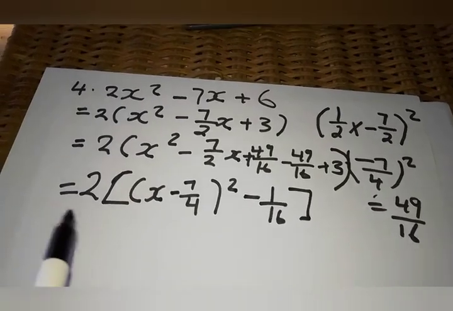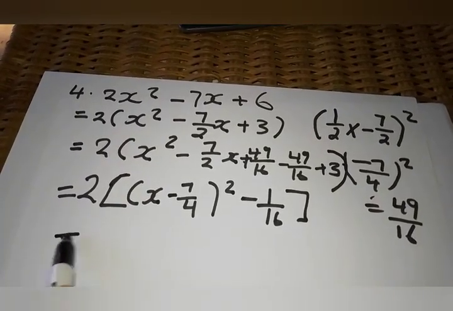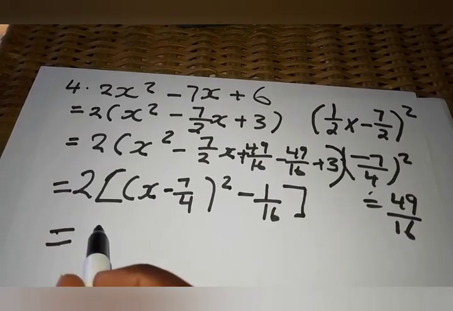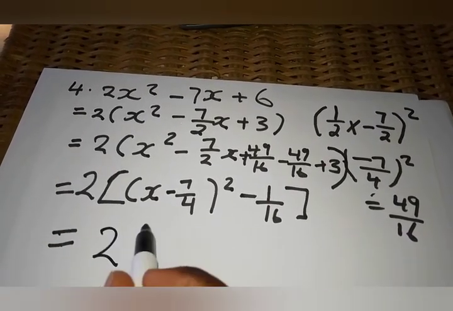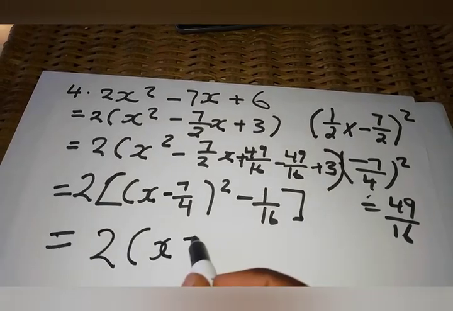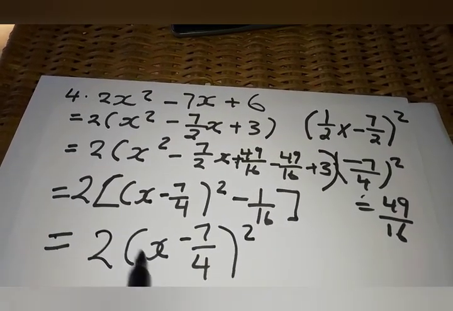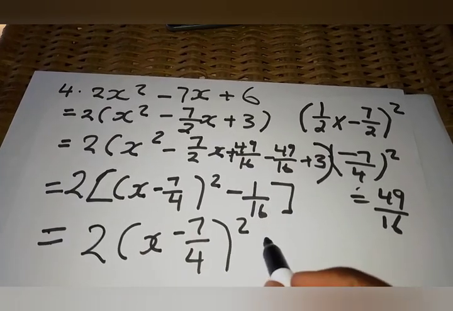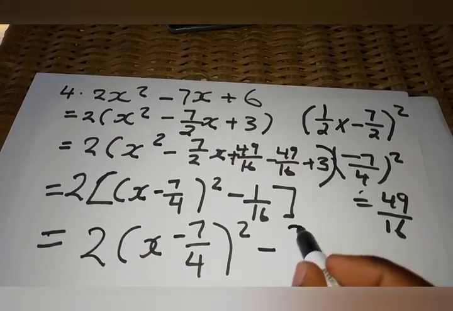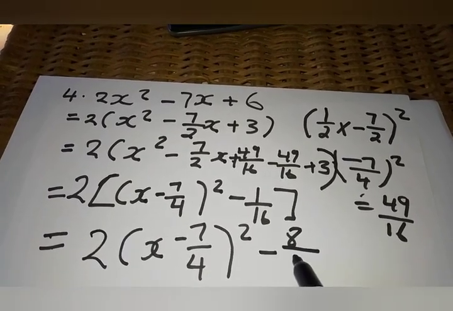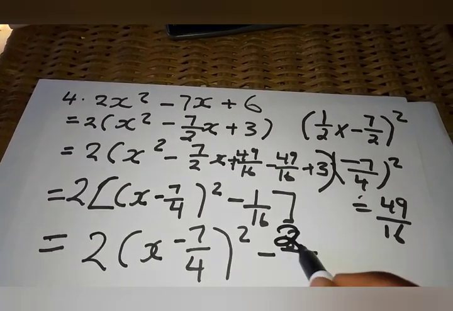Okay, so what do we do next? We need to multiply that negative 1 over 16 by 2. So we write 2 outside, then we say x minus 7 over 4, then all squared. You see that? Then we multiply 2 times minus 1 over 16, which is 8 over, not 8 actually, it is 2.